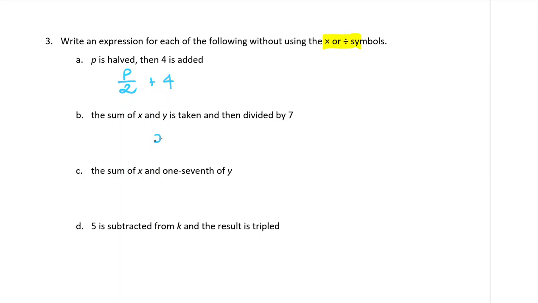So here's my x plus y. That is taken, so that just means that's found. So there's my sum of x and y. Then, here's the second part. Divided by 7. Now, I'm not going to use a divide sign. I'm going to use a fraction. All of that is going to make one big fraction, and all of that is divided by 7.